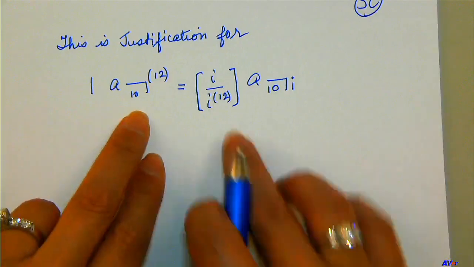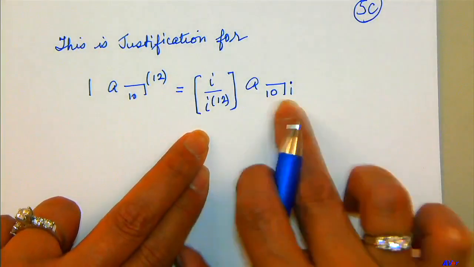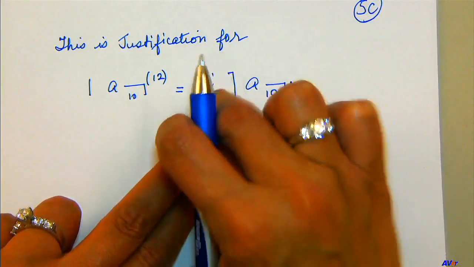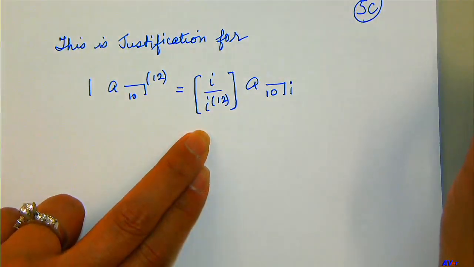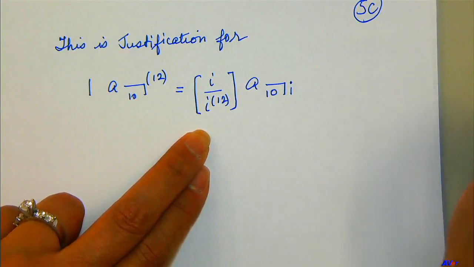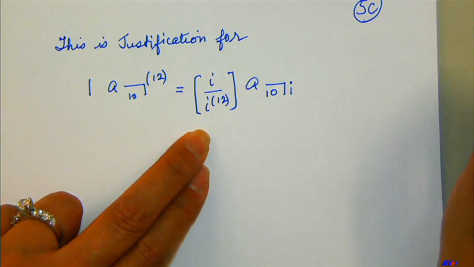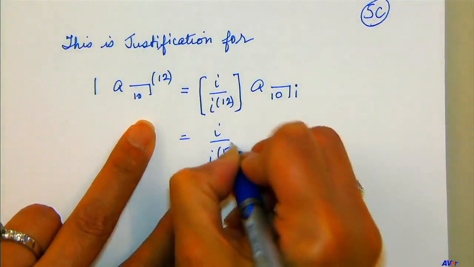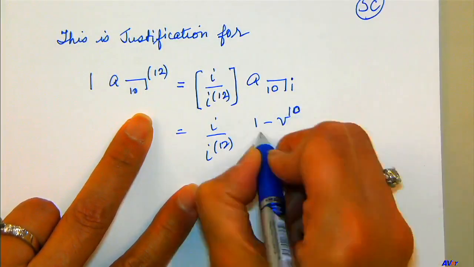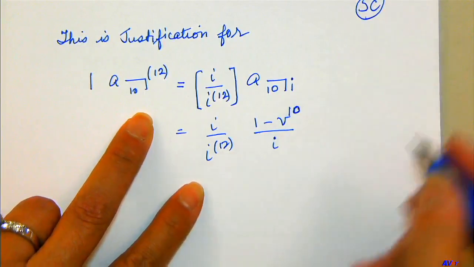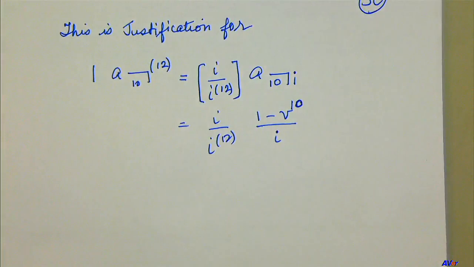So why not just take a regular annuity that pays once a year at this payment instead of taking an annuity with 120 payments paying 1/12 each at a monthly rate? So this is just i over i^(12) times (1 minus v^n) over i. My n is 10. Are you with me or no?